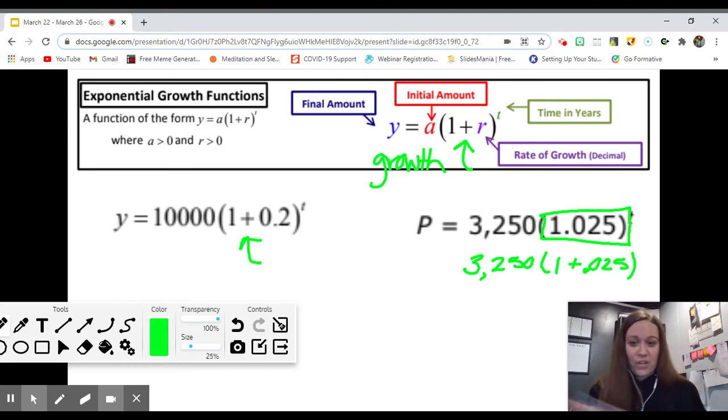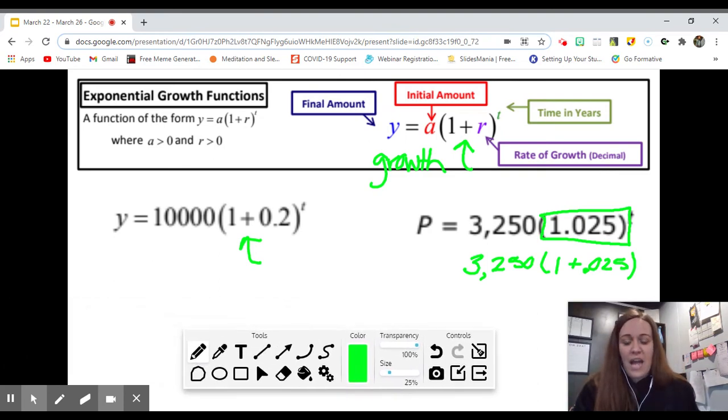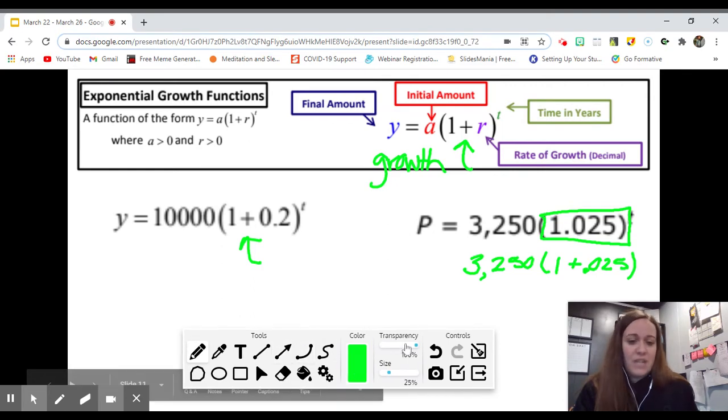So you can also change that into a percent if you wanted to. If my particular question asked me what is the rate of each of these, you can see that the rate is the r value. My r value is what's being added in a growth equation.